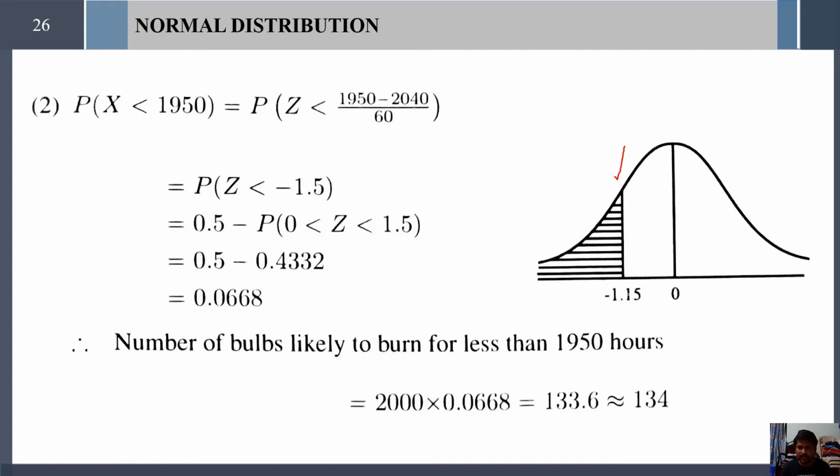Since Z is a lesser value, this area goes to the left hand side. So this is the portion we have to calculate.